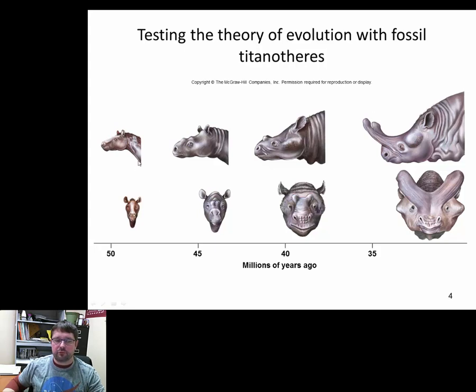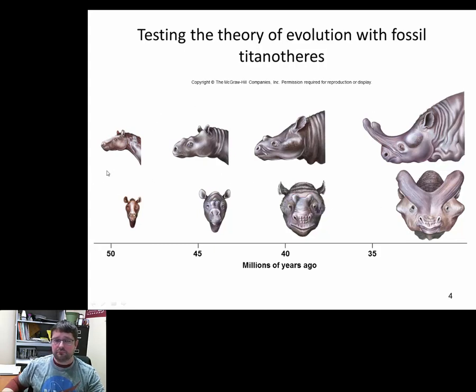Okay? And what we see when we start looking at the habitat that these organisms lived in is that Titanotheres 50 million years ago lived in a forested habitat. It was small, streamlined, it could move between the trees. As the forest in this region decreased and became more savanna and grasslands, and you had less and less trees, the organism itself bulked up and started to produce facial projections, horns, whatever you want to call them, probably for the purpose of protection, because we find it in both male and female species.